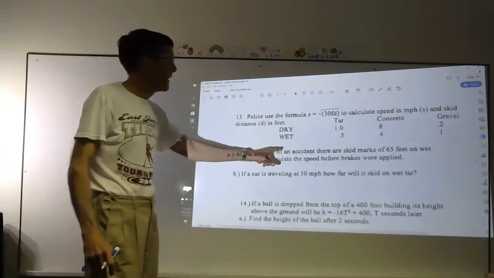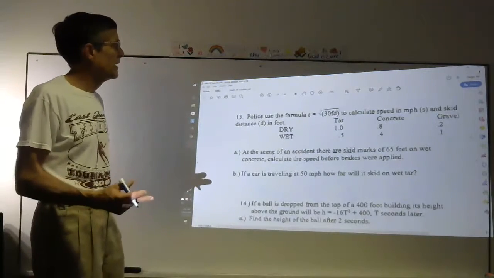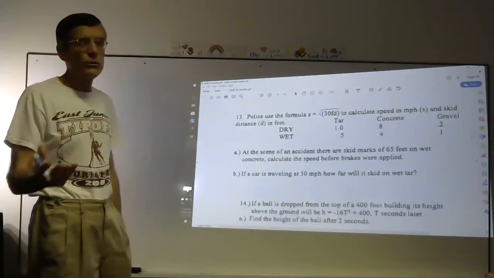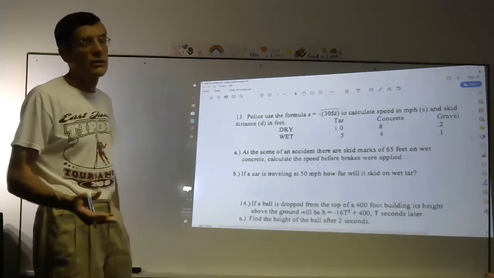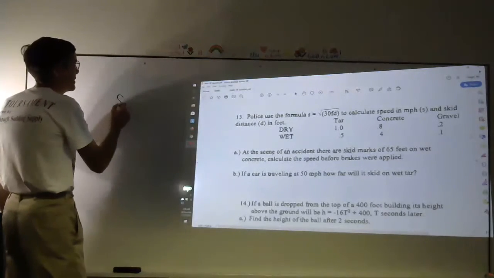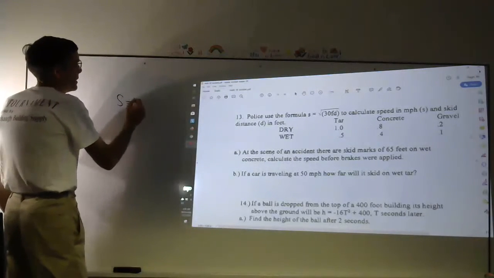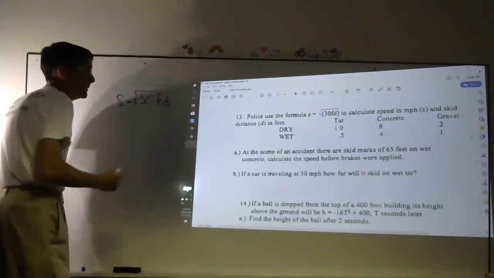At the scene of an accident, there are skid marks 65 feet on wet concrete. Suppose you're the police officer. You need to calculate the speed before the brakes were applied. Okay? So our formula is S, which is the speed, is the square root of 30FD.